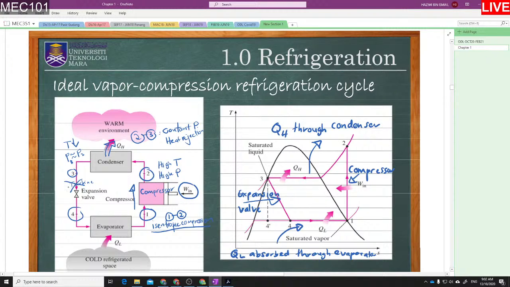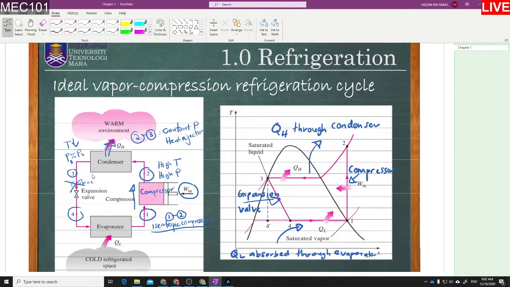They eliminate the turbine from the system and replace it with the expansion valve. The expansion valve is the device that reduces the pressure without giving any work output. So remember, the expansion valve instead of the turbine. I erase the turbine here.